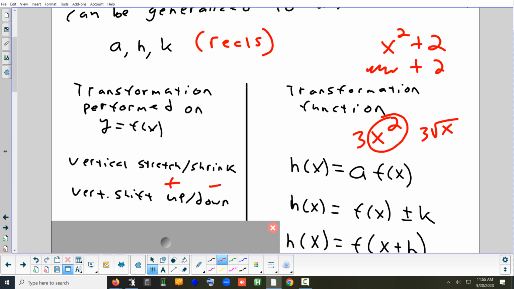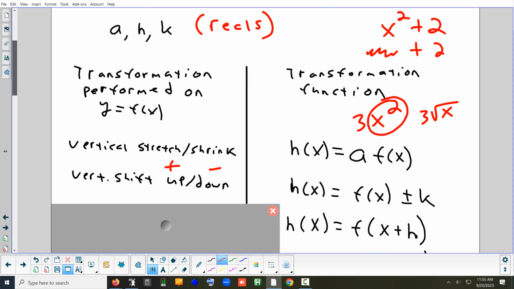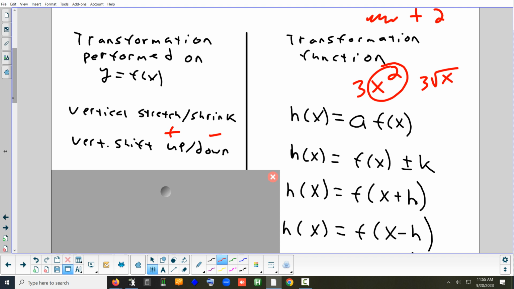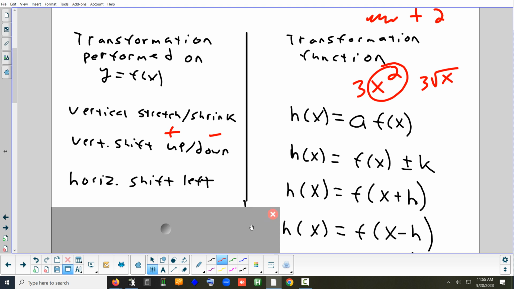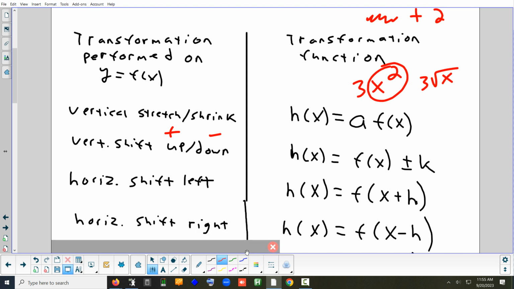The next one I broke out because it's a little more complicated. If you have a plus inside the parentheses, what does that do? Plus would shift it to the left. And a minus would shift it to the right. And yesterday, it would have looked something like x minus 3 squared.